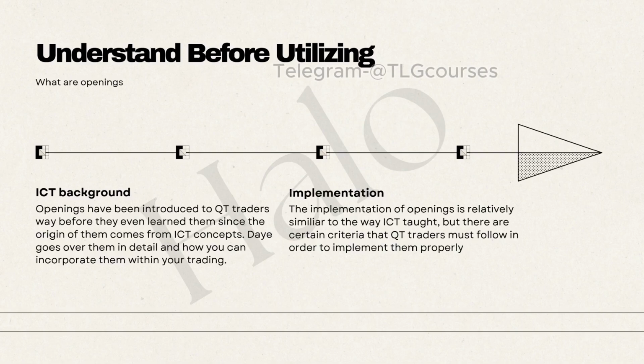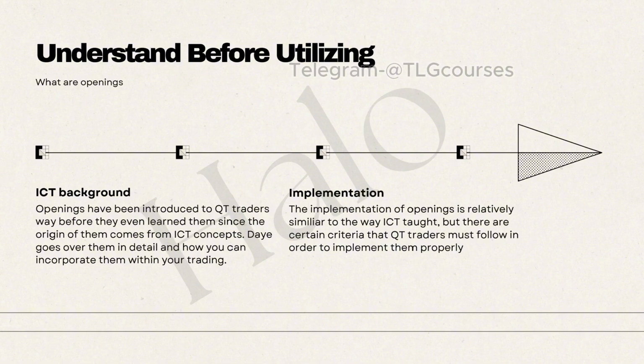There is a certain criteria that QT traders must follow in order to implement them properly, right? So it's not just, like I mentioned, the hourly, the 30-minute, the 4-hour candle of the most volatile time periods in the day. For example, a lot of people would look at the 2 p.m. 4-hour candle when Powell's talking, or the 2 p.m. 1-hour candle. They'll look at the 9:30 30-minute candle.